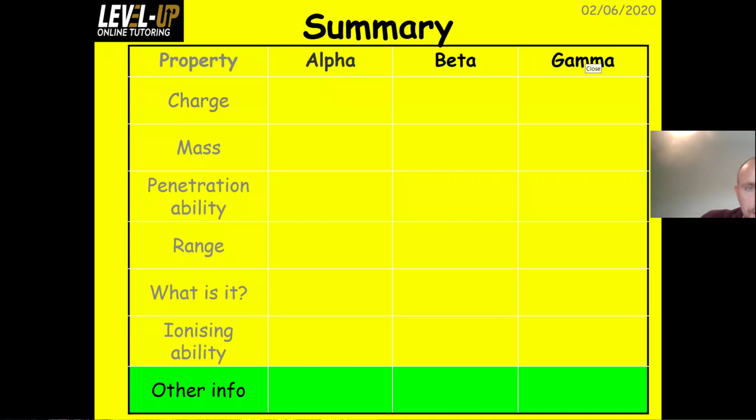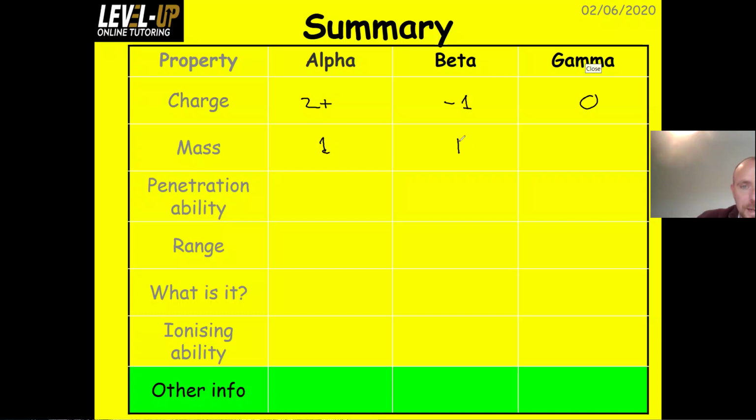So filling this in, alpha particle has a charge of 2 plus, beta particle, let me completely not mess that up, beta is 1 minus. Thank you for those that were shouting at the screen. Gamma is 0.